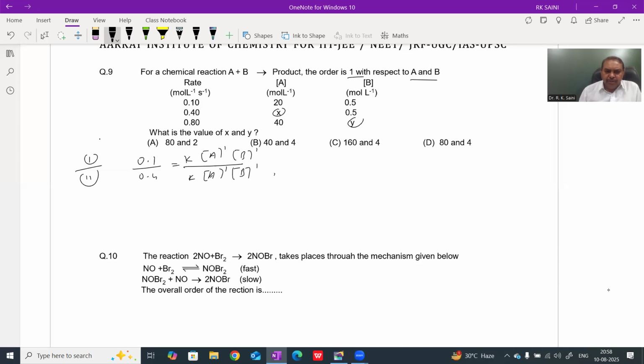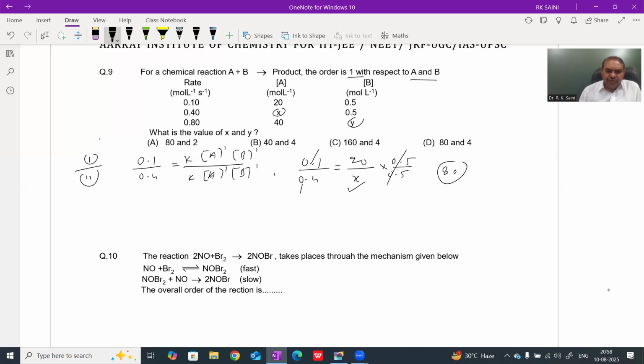On solving, 0.1 divided by 0.4 equals, K cancels, A is 20, we find X, and B is 0.5. Therefore X is 80.